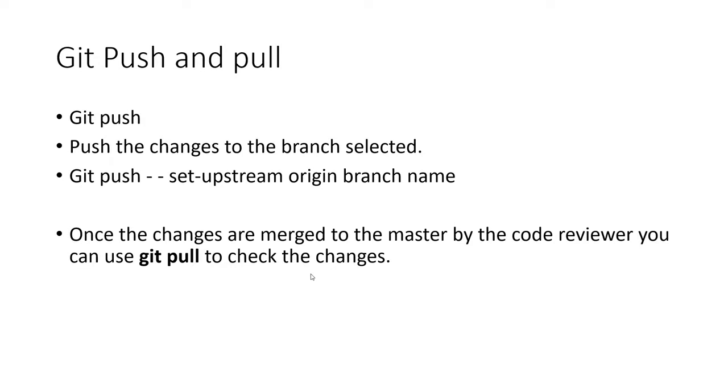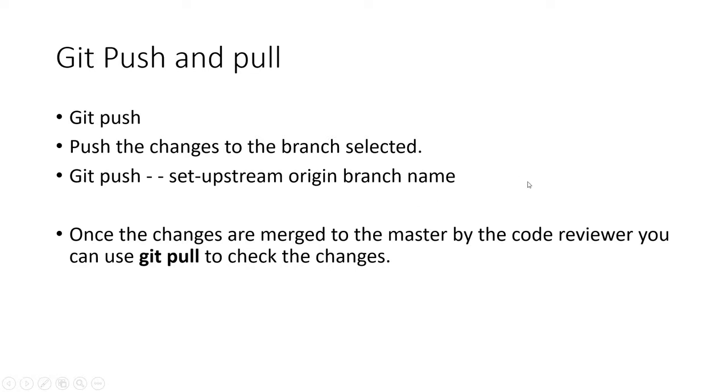Finally, coming to git push and git pull. git push is used once you have made and committed the changes, to push them into your selected branch. When you give git push, you will get the full syntax, so don't worry about it.